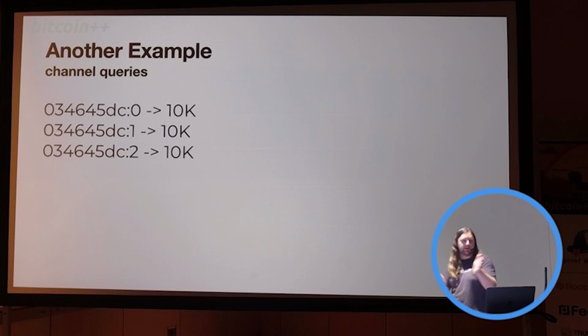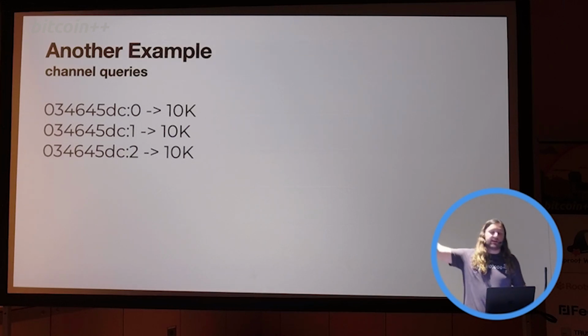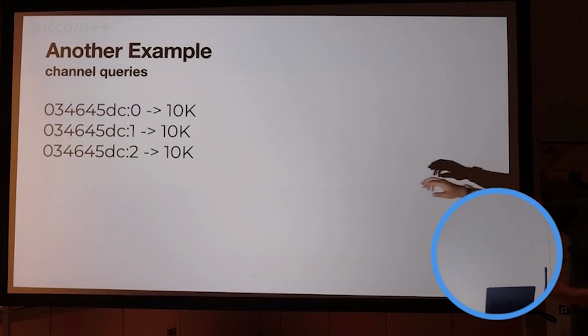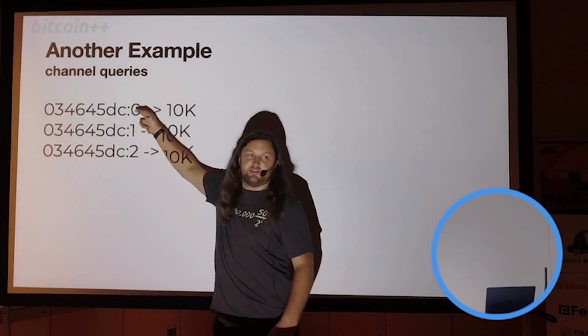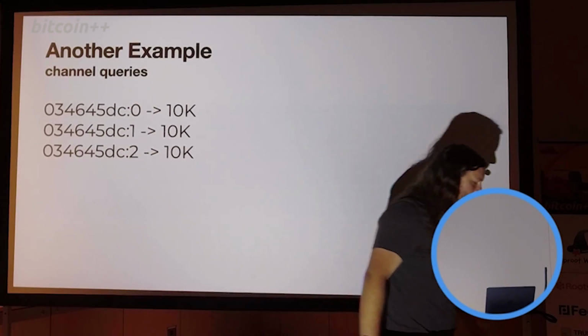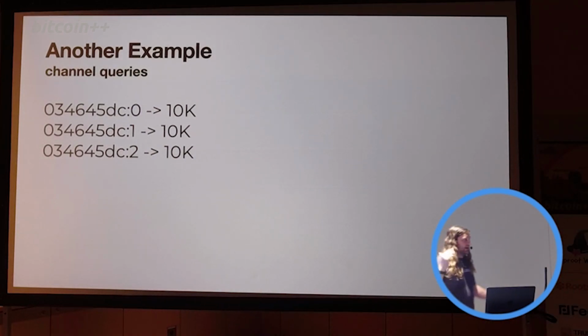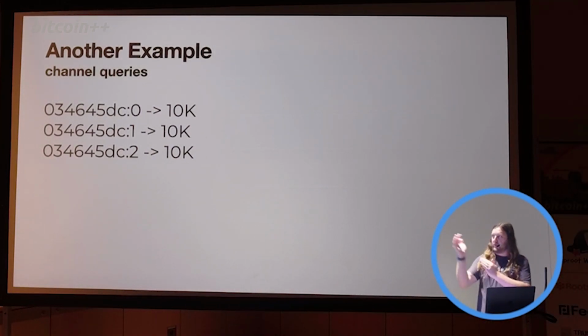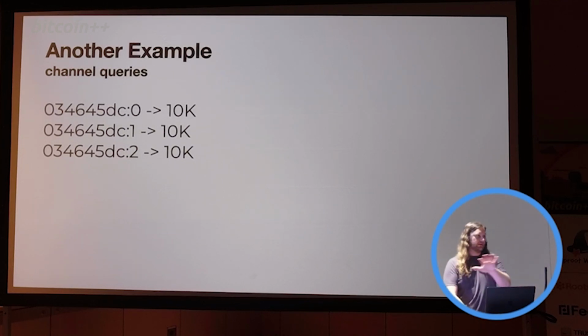Say we've got 3 channels with this guy. This allows us to put 10,000 sats on all 3 channels. The colon puts an index. If you look closely, you'll see a colon there and a 0. That's the first channel with that guy, and then the second, third. So for this peer, we're going to get those 3 channels and put 10K sats in. Anyone confused by that?